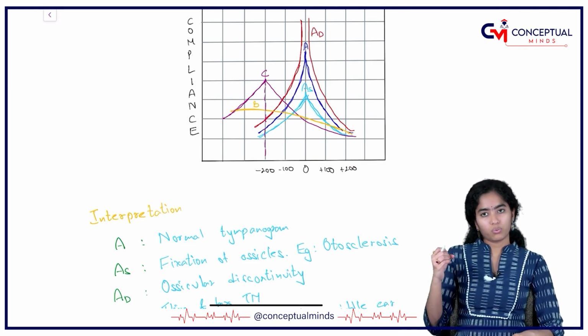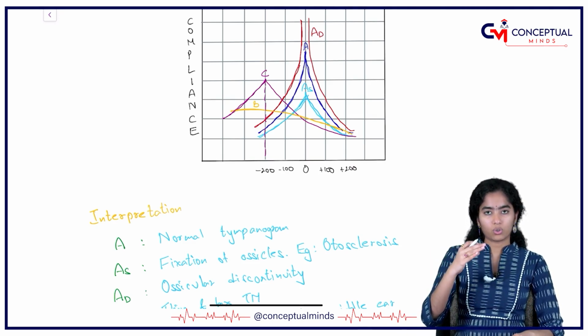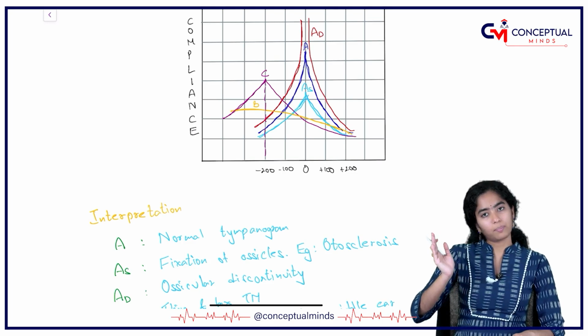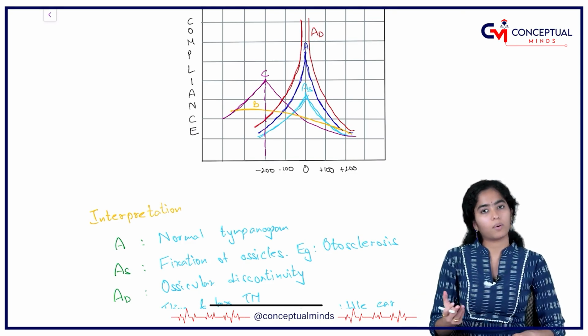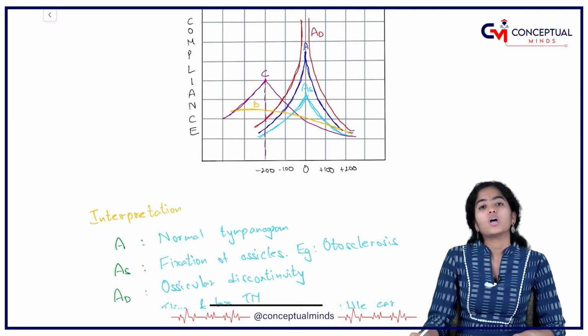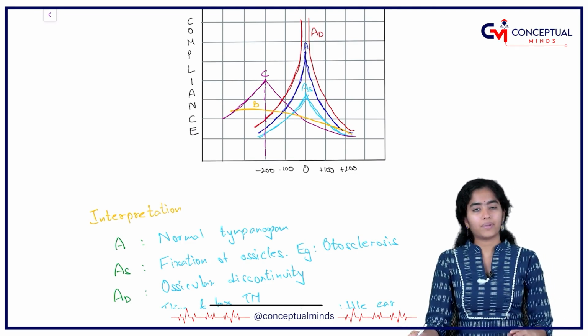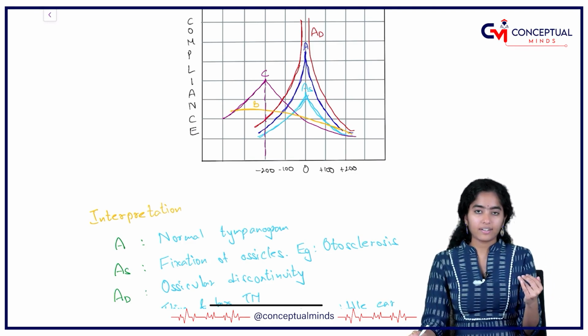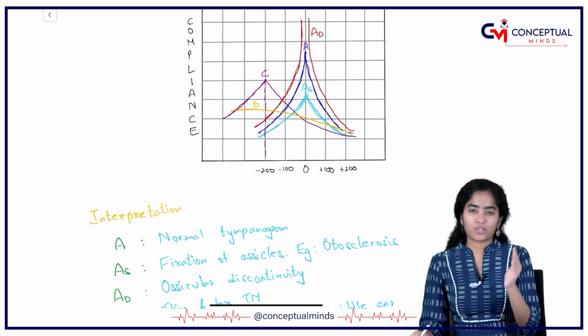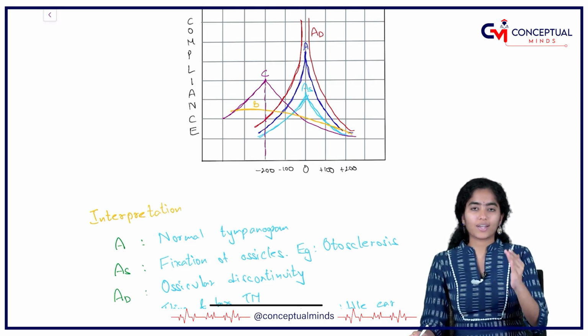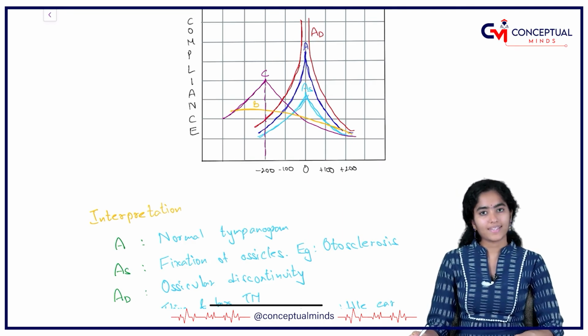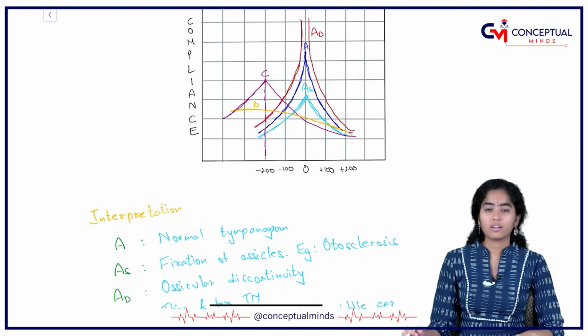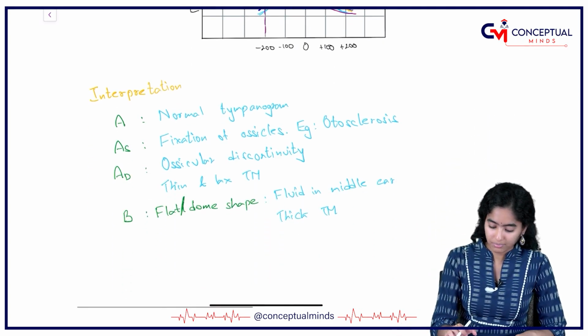Again, as you increase the pressure to 0 to ambient pressure and make it positive, the tympanic membrane is pushed back inside and compliance is reduced again. So initially the tympanic membrane is inside, it is retracted. When you apply negative pressure, it comes to its normal position, and so there is maximum compliance at that position where negative pressure. That is a type C graph.